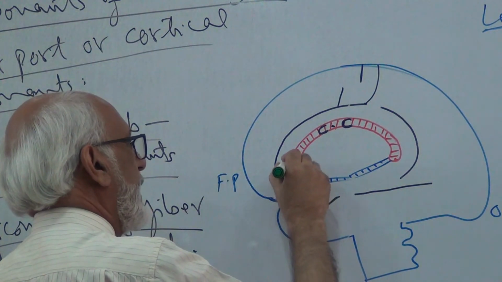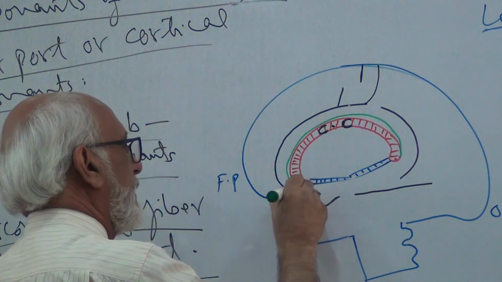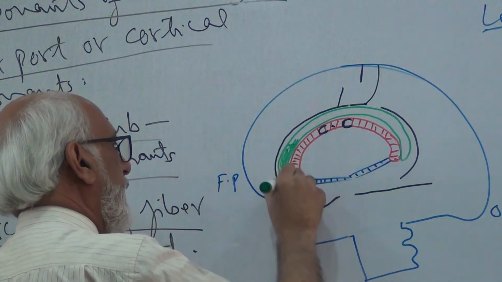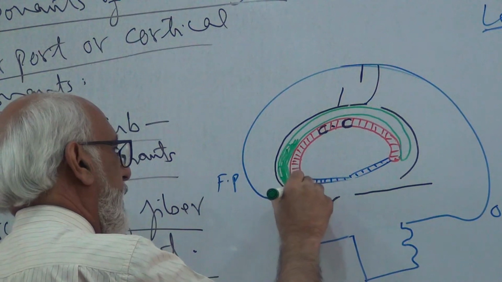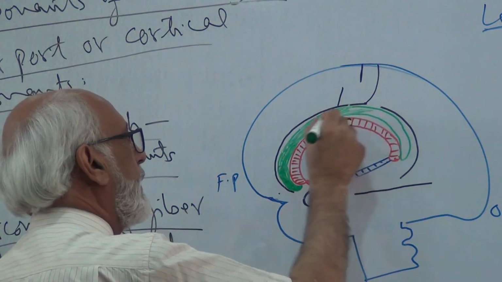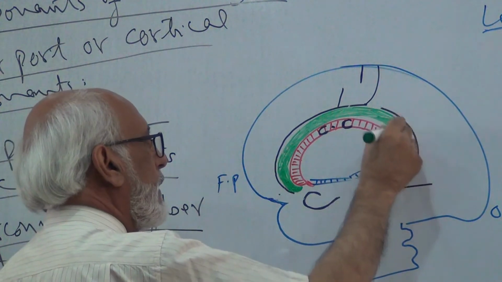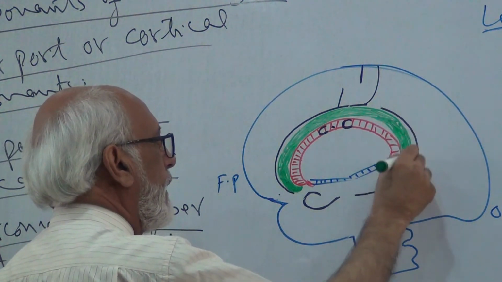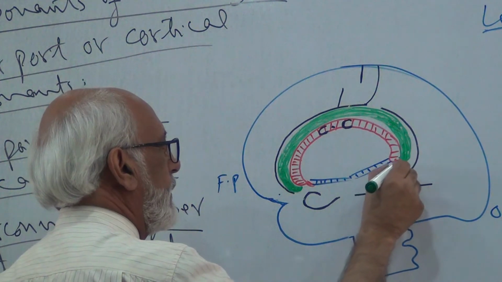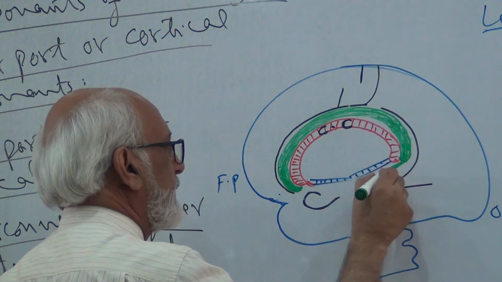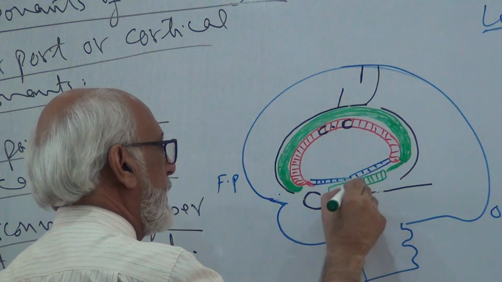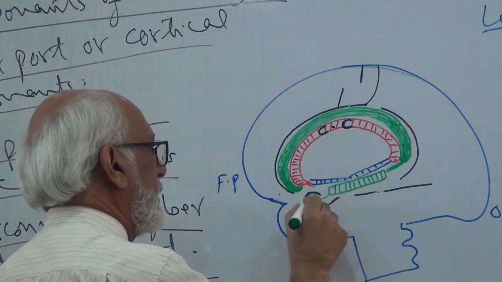This is called the cingulate gyrus. Then a narrow continuation of the cingulate gyrus is the isthmus, and then the parahippocampal gyrus, which is continued as a hook-shaped gyrus, known as the uncus.